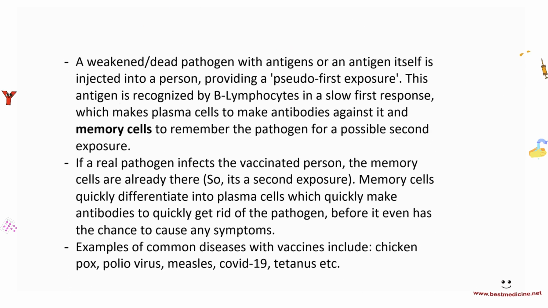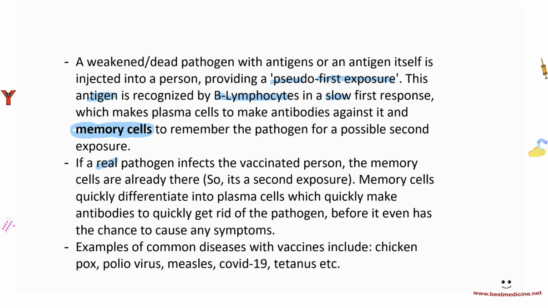Over here, it's illustrated in text. A weakened or dead pathogen with antigens, or the antigen itself, is injected into a person. So it provides a pseudo first exposure, a sham of a first exposure. This antigen is recognized by B lymphocytes in a slow first response, which makes plasma cells to make antibodies against it, and memory cells. Memory cells are the key thing here to remember the pathogen for a possible second exposure.